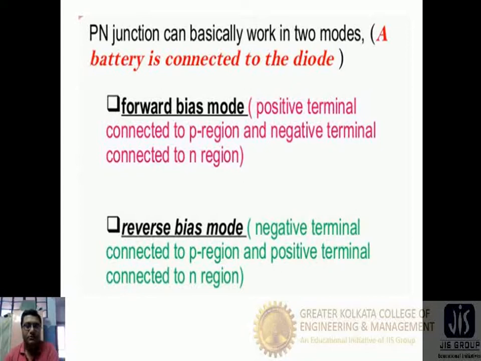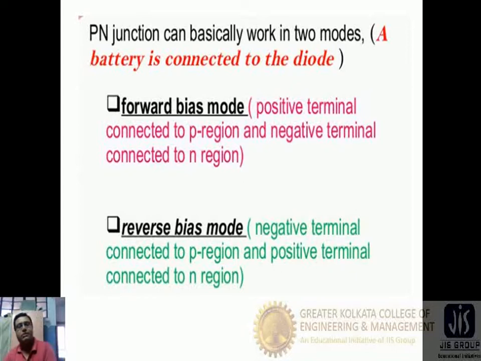There are two types of biasing, and the battery has two polarities, one positive terminal and one negative terminal. A combination of these can create two types of biasing. One is called forward biasing or forward bias mode, when the positive terminal is connected to the P region and the negative terminal is connected to the N region of the diode.